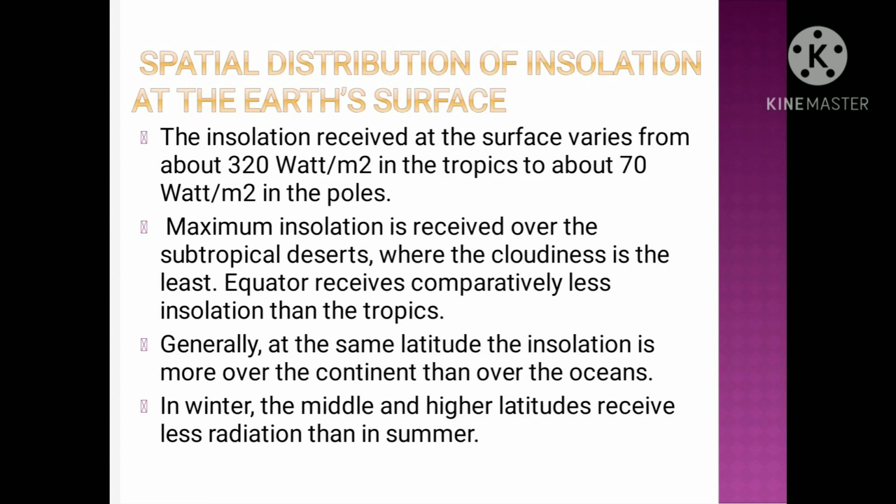In the equatorial region, we have more evaporation, and because of this we have more cloudiness and more precipitation. But on the other hand, in tropical areas, cloudiness is the least, and because of this the insolation received is maximum. So if we compare the equator and tropical areas, the tropical areas will receive maximum insolation compared to the equatorial region.